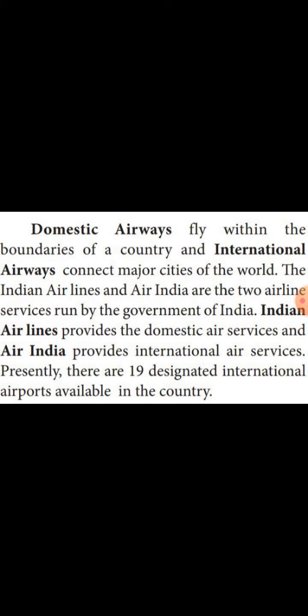Domestic airway means inside the country, that means within India or other countries. Then international airways connect major cities of the world. International airways means between countries, that means one country to another country.